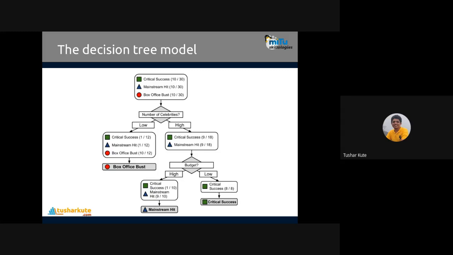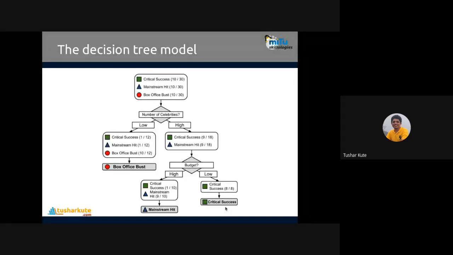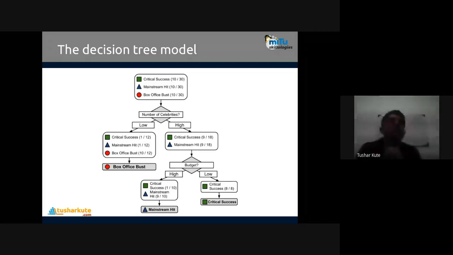This is a machine learning model created. Now I will use this machine learning model to do predictive analytics on the respective data. How is predictive analytics possible now? See, when there is a new movie, for the new movie, I will check the data. I will check the budget of the movie and the number of celebrities in the movie.